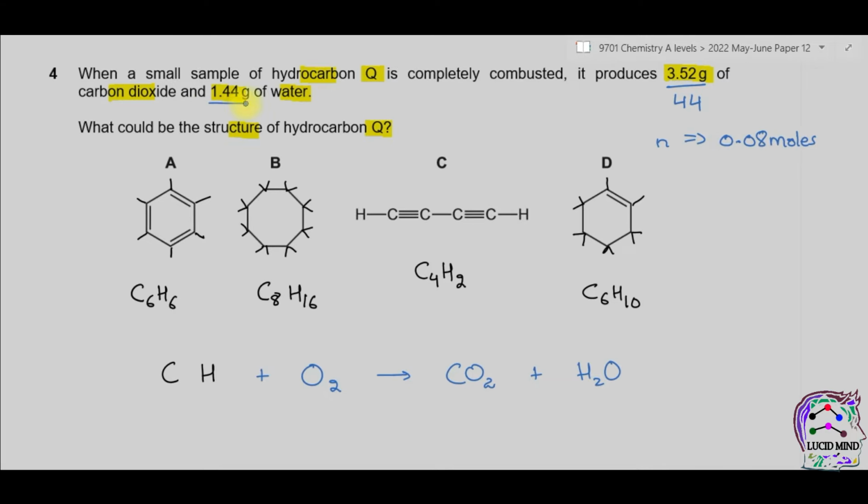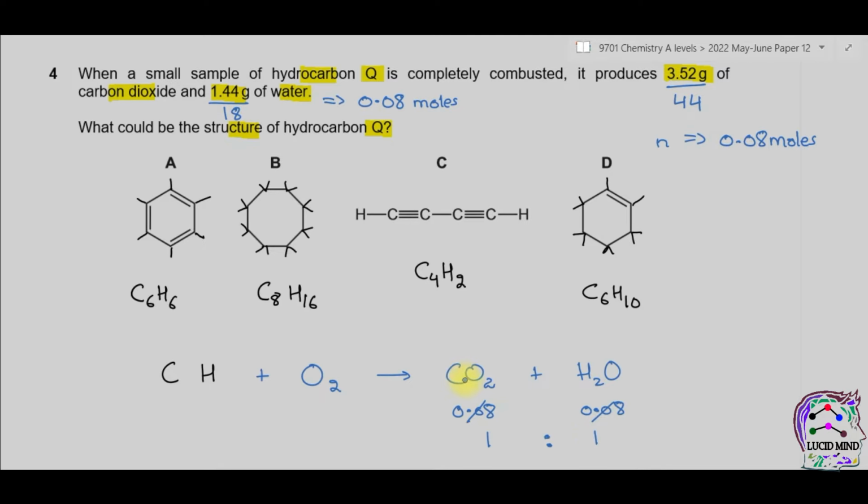We can do similar for water. We have 18 as molecular mass, so dividing mass by molecular mass, it comes equal to 0.08 moles. So the number of moles is the same. If this is 0.08 moles and this one is 0.08 moles, what does it mean? It means that the molar ratio is 1 to 1.